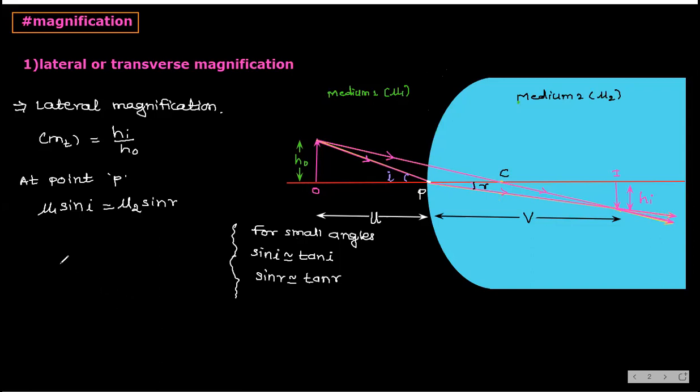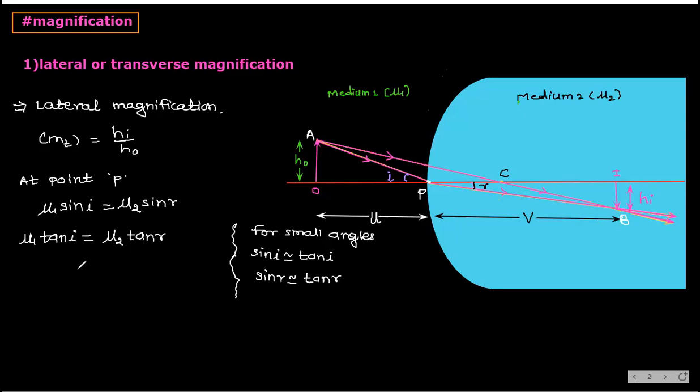Next you see now. So therefore can I write like this? mu1 tan I is equal to mu2 tan R. Now what will we do? Now I take a triangle. This point I give as A and this point I am giving as B. So now which triangle am I taking?